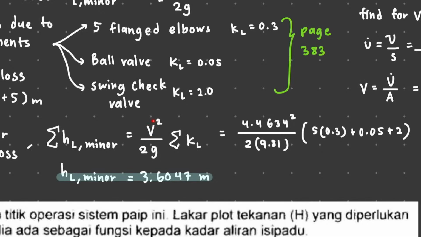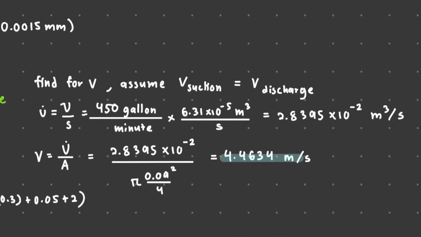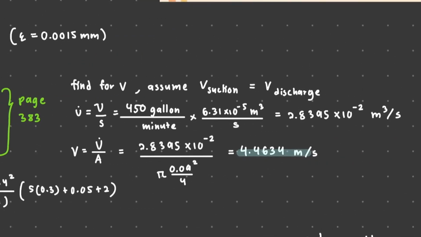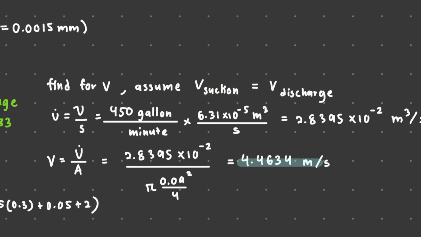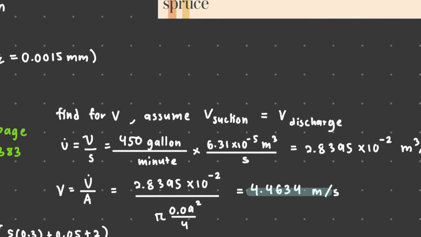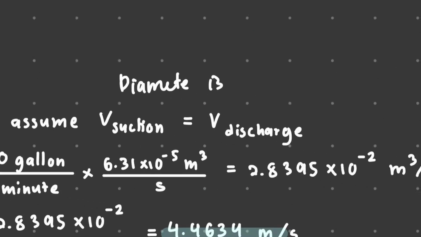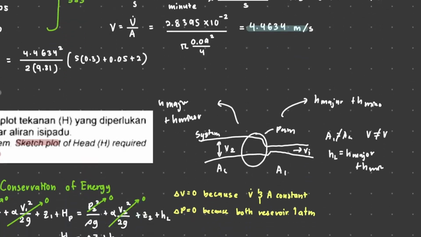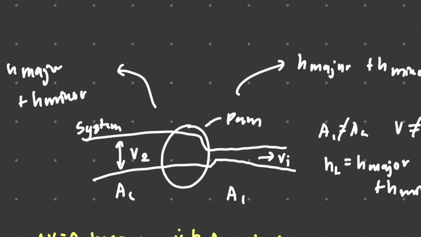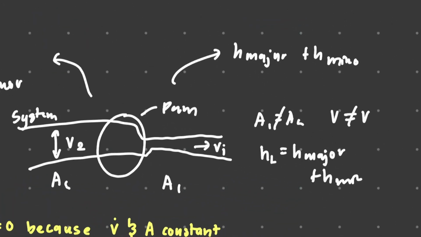So we need to find the V. So how do we find V? We assume that the V suction is equal to the V discharge, because the diameter does not change, because the diameter is constant. As I mentioned just now, if the diameter isn't constant, the velocity would be different.